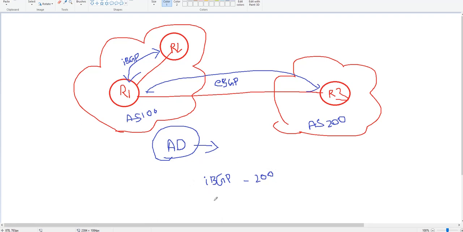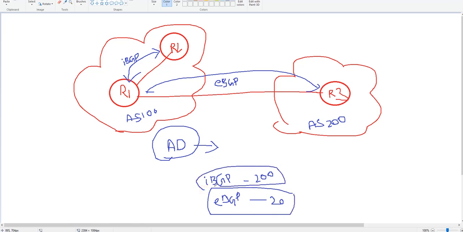AD value is 200. For eBGP, the AD value is 20. That means whichever prefix is advertised by eBGP is more preferable than iBGP. Don't get confused here. Let's say this is router X, and it has an iBGP peer with a router.